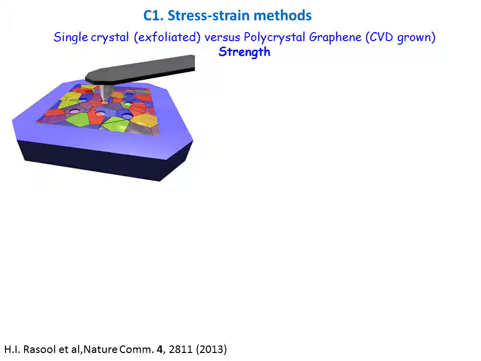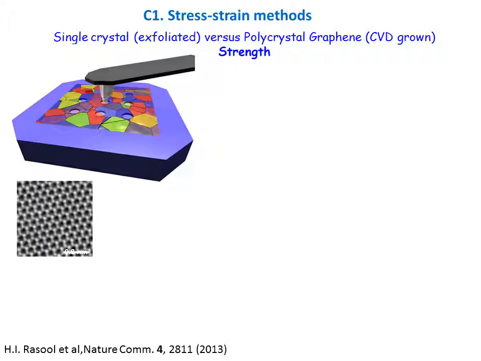In this example, we are going to consider polycrystalline graphene. The experiment is very similar to the first one, but here we are going to probe the resistance to fracture. In this work, the response of CVD graphene, which is a polycrystalline form of graphene, is measured and compared to single crystal graphene.